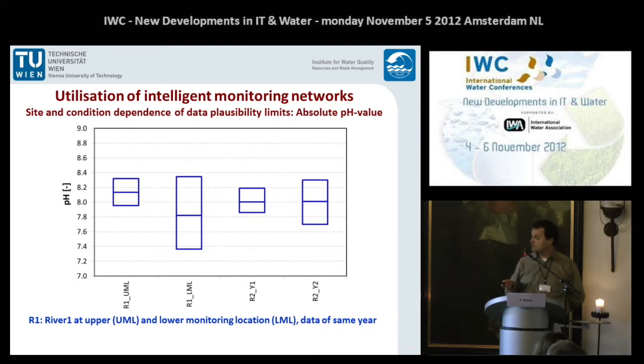And in comparison, these right two boxes are the same river in two different years, and in this year the flow was much higher, so you have more solids transport in this, and as a consequence you have lower photosynthesis activity, and therefore you have less variability in this year compared to that year. And of course it's much better to have plausibility limits that adapt to this situation, and that you don't put, for example, 7 and 9, then you cannot really distinguish anything between your locations.